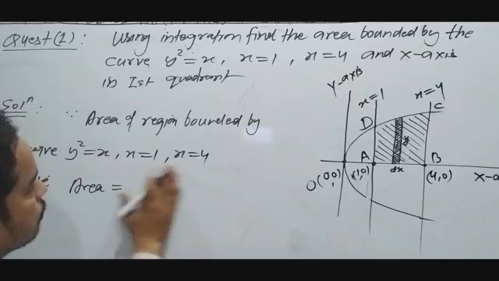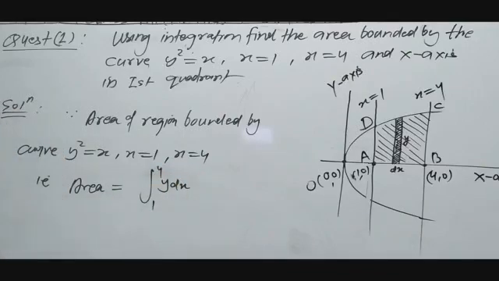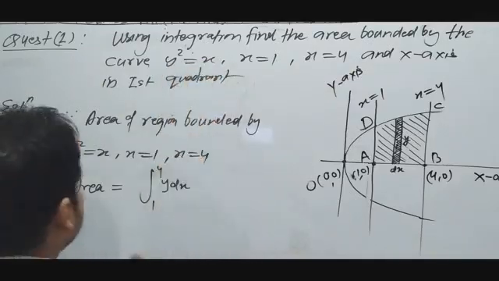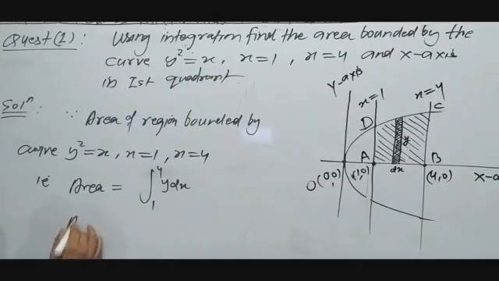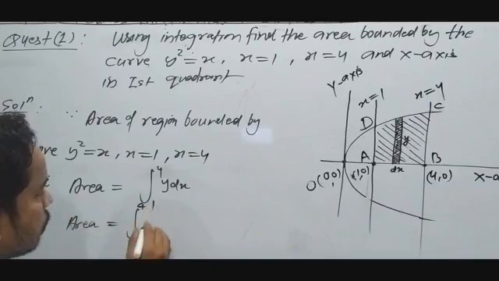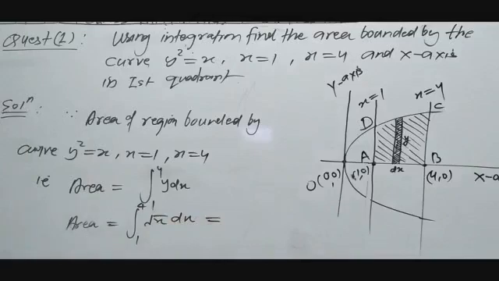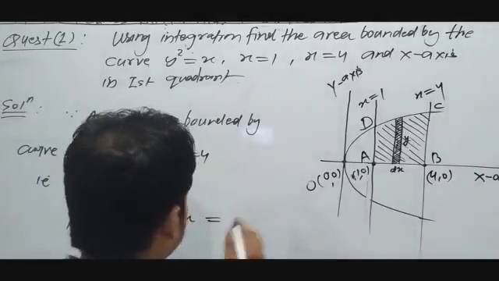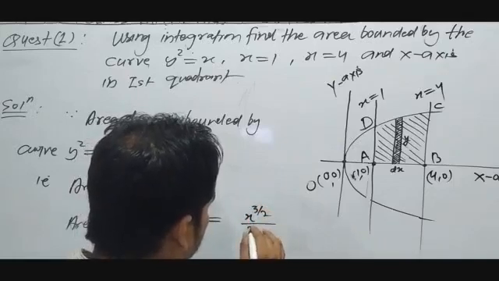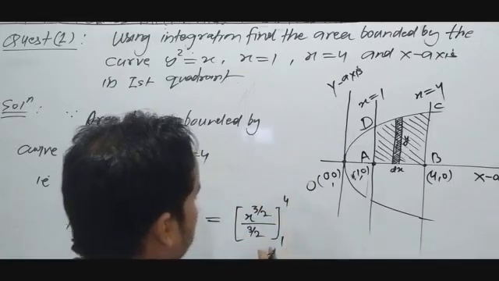In terms of x, you know from this equation y is equal to root x. Now you have to put, from 1 to 4, root x dx. Its calculation: the integral of root x is x to the power 3 by 2 whole upon 3 by 2, with upper and lower limits 4 and 1.